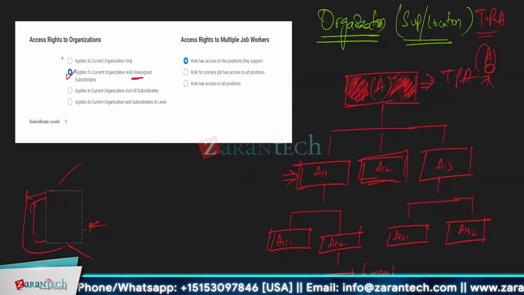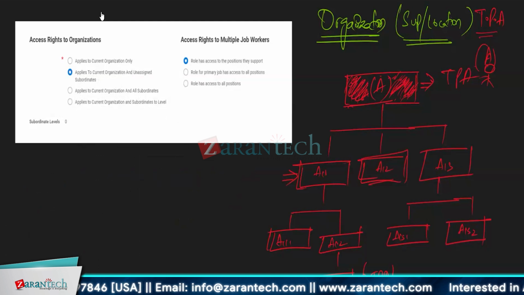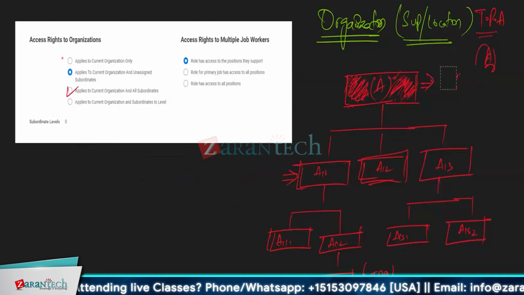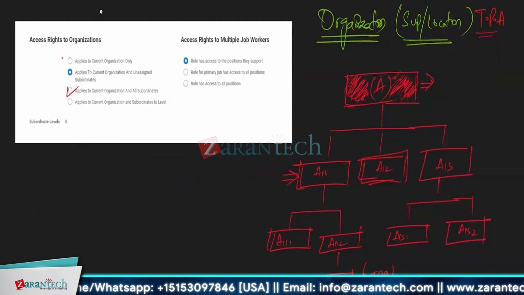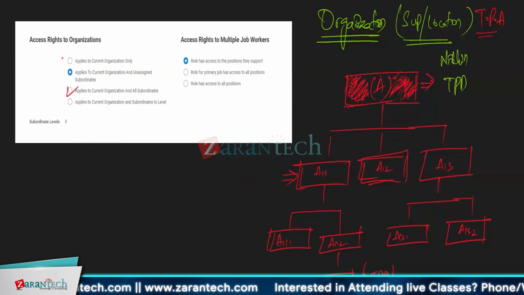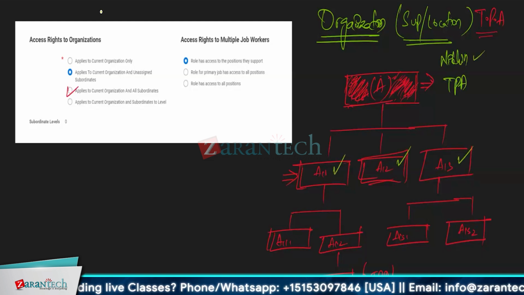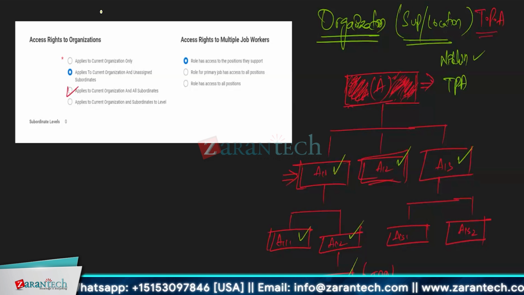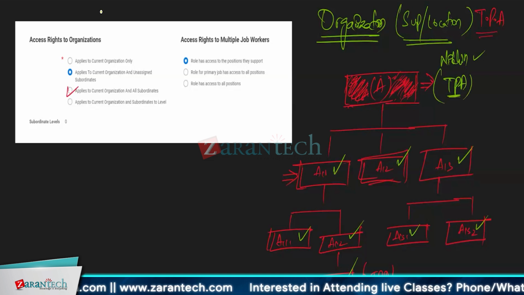Now suppose you are not going with the first or second option, but you select applies to current organization and all subordinates. So if you assign a person, let's say Nikhil, on this top org, TPA, Nikhil will be the TPA for A13, A12, A11, A121. He will automatically be the time profile approver for all these organizations because they are all subordinates.